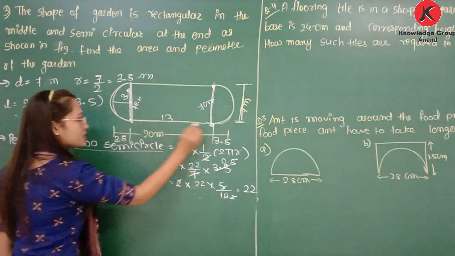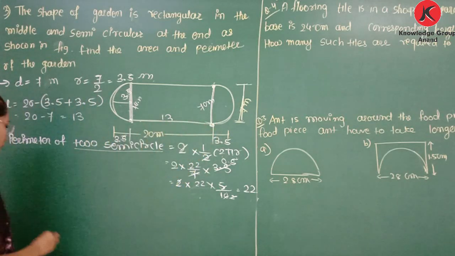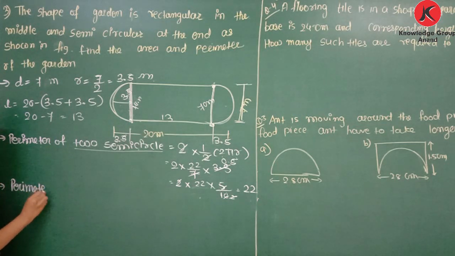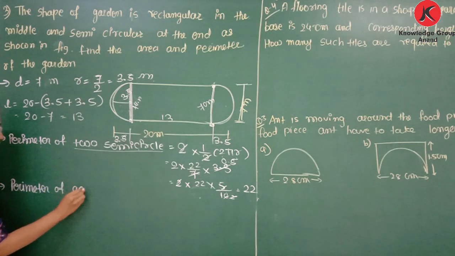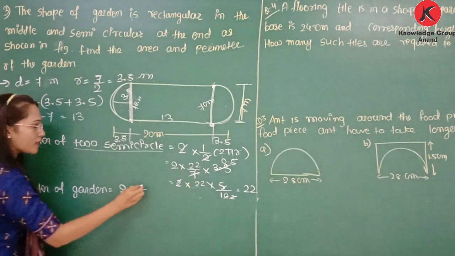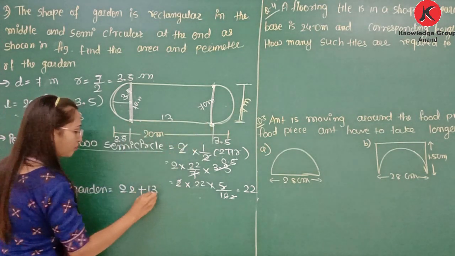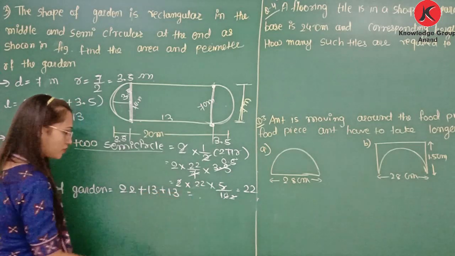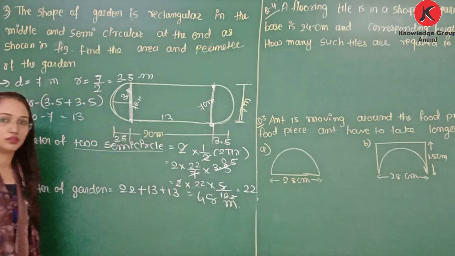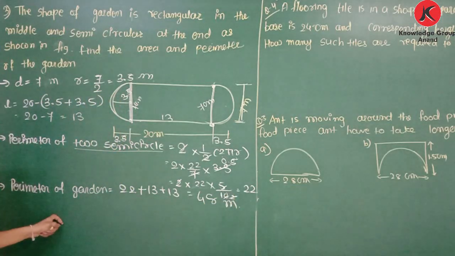Now we need to add this length also. So perimeter of the rectangular garden. Perimeter of garden: 22 plus 13 plus 13. So that is what? 48 meter. Clear?